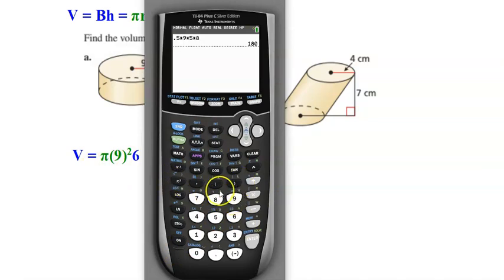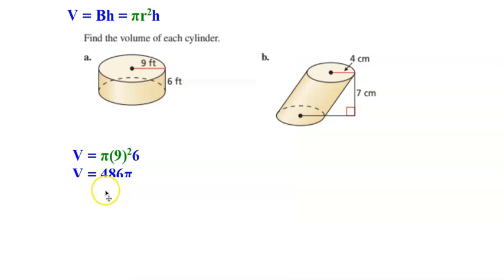So 9 squared times 6 is 486. So what that gives me is 486 pi. And if the problem wants the exact answer, or if it says give your answer in terms of pi, this is what it means.